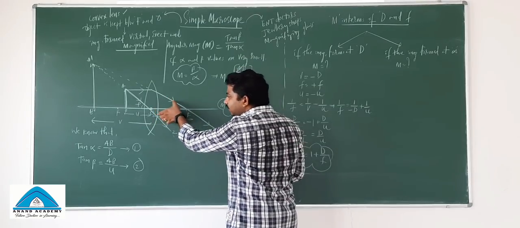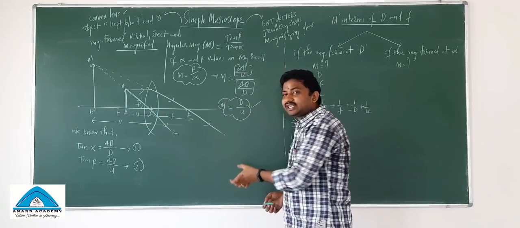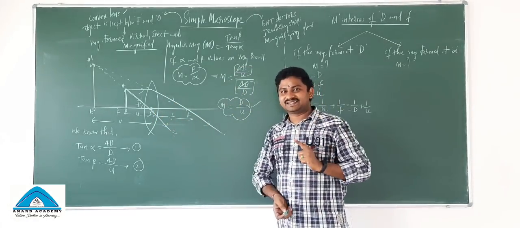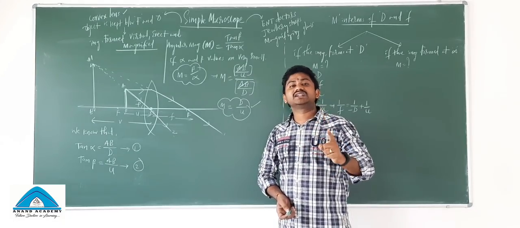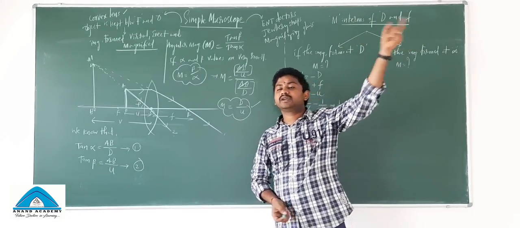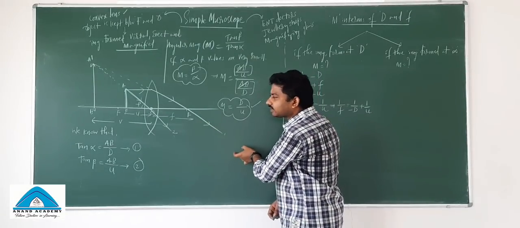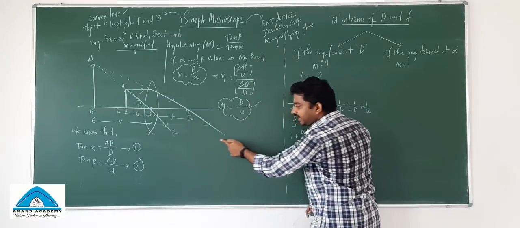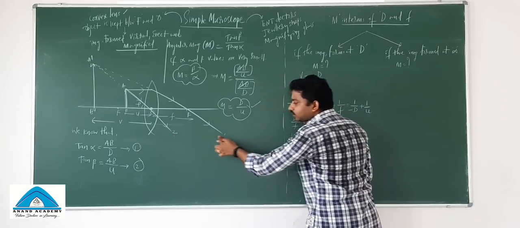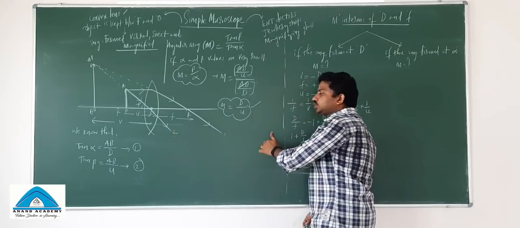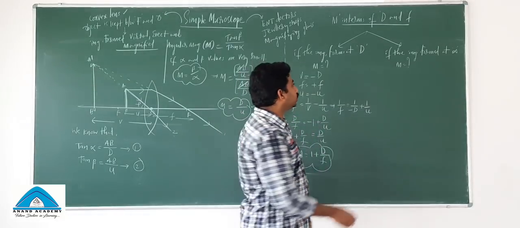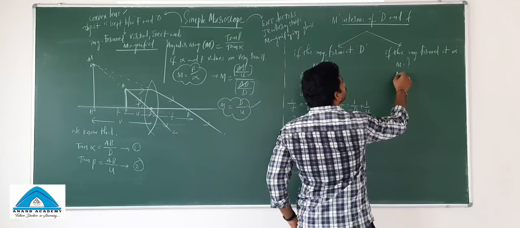The infinity will be somewhere here. So that is called the real image. I hope you remember during the discussion of image formation by this convex lens. So infinity means real. So the image V is at infinity here, on the right side of the optic center. So that is plus infinity. So the magnification is this one.